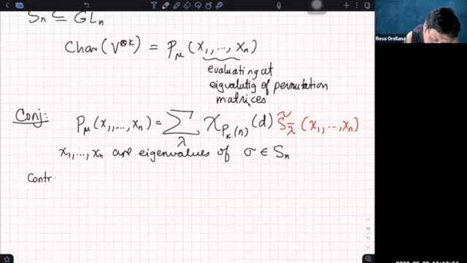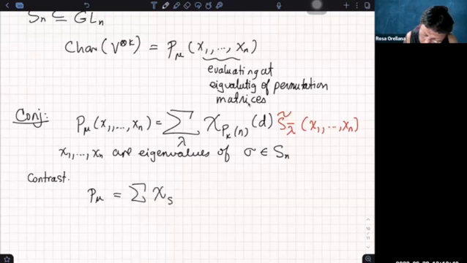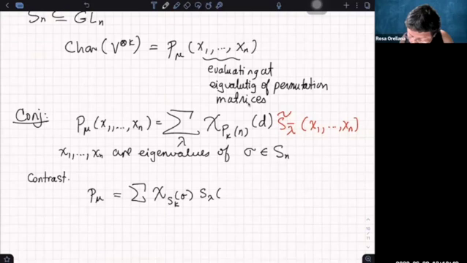in the classical duality, you would have that P mu equals some characters of Sk evaluated at some sigma. And here you had the Schur functions. So now the question was whether these things existed.